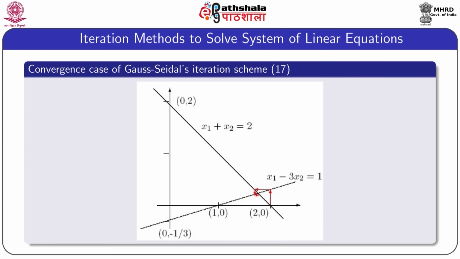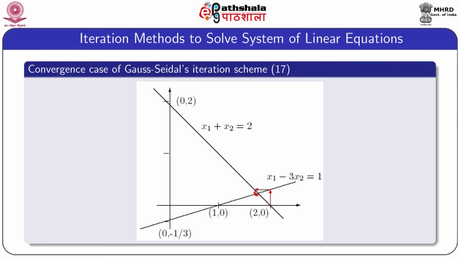Now, we describe the convergence case of the Gauss-Seidel iteration scheme by this figure. In this figure we start the iteration scheme from the point (2, 0), and the iteration goes to the second equation x1 minus 3x2 equal to 1, and then it goes to the first equation x1 plus x2 equal to 2, and then it goes downward to the second equation, and finally it goes to the point of intersection of the equations x1 plus x2 equal to 2 and x1 minus 3x2 equal to 1.